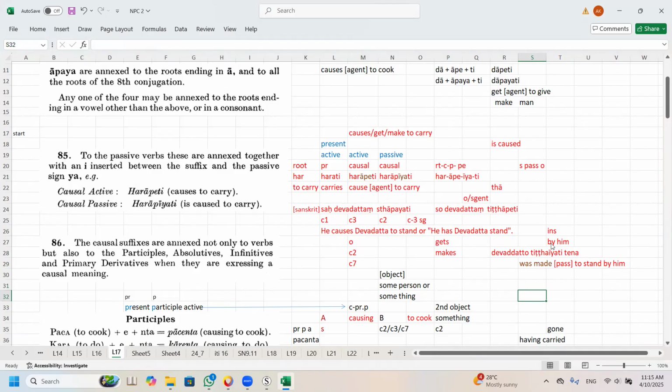If you cannot find "by", then there is no need to use it. Because without this you can say Devadatta stood. The past participle doesn't have to be passive, provided you don't see the instrumental following in the sentence. Devadatta stood. Can you understand?